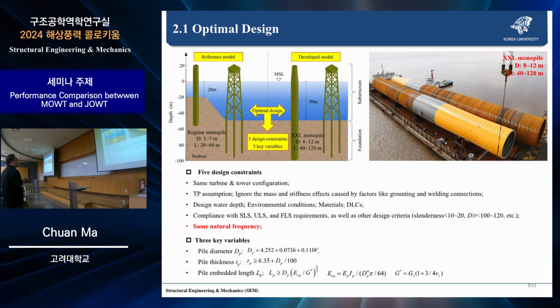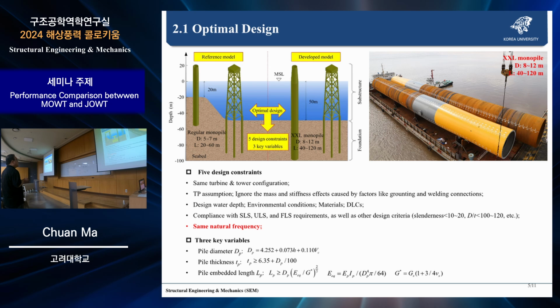And for these two structures, we also need to meet the SLS, ULS, and FLS requirements, and also some other design criteria. For example, for the monopile, the length to diameter ratio should be less than 10 to 20, and the diameter to thickness ratio should be less than 100 to 120.